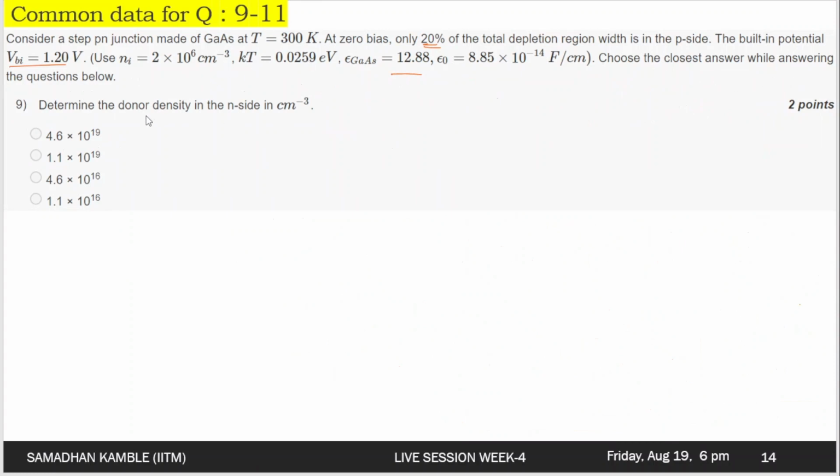Okay, so the first question using this common data is as follows. Determine the donor density in the N side in centimeter cube. So we need to find the value of donor density in the N side, that means the donors, ND, is what we have been asked to find out.